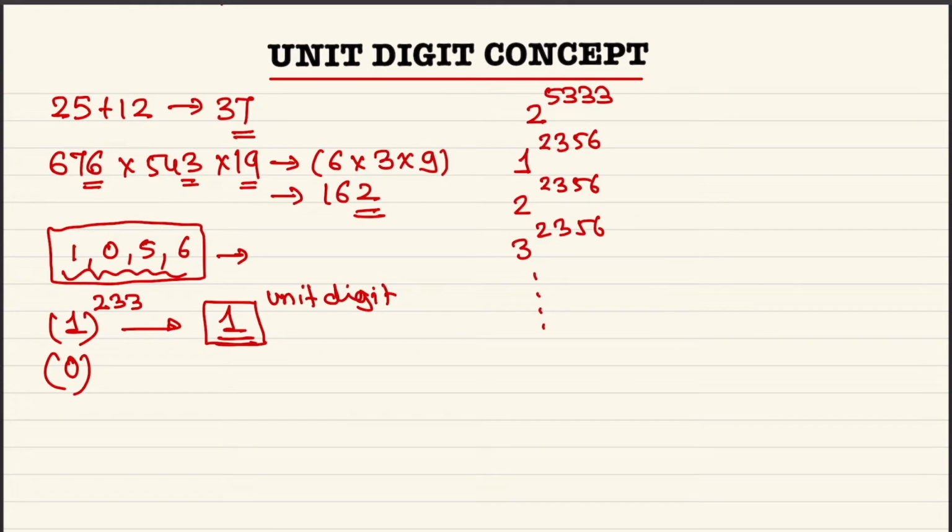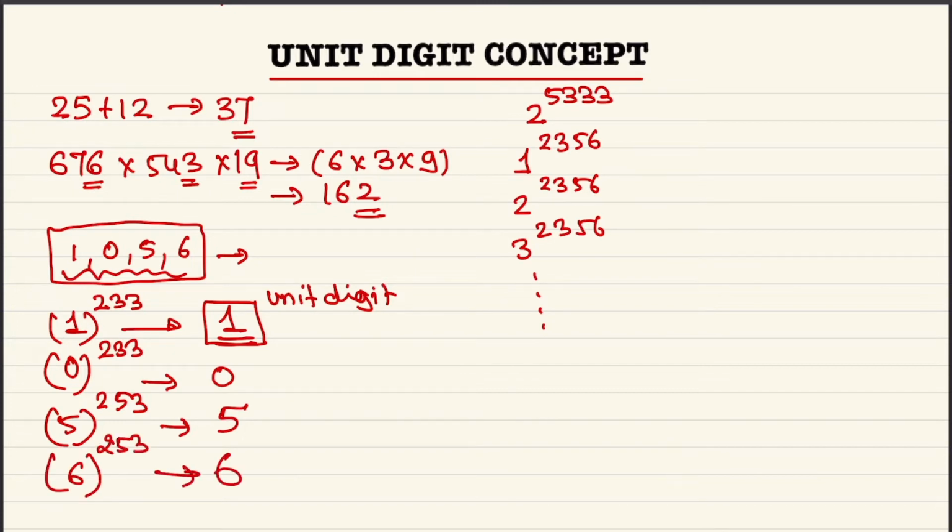If I write 0 raised to power 233, I'll get unit digit 0. For 5, I simply write 5 to the power 233, unit digit 5, and 6 will give me the unit digit 6 itself. So remember, whenever the numbers 1, 0, 5 and 6 are raised to any power n, we get the same unit digit as the number itself.